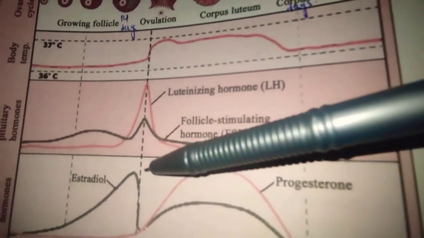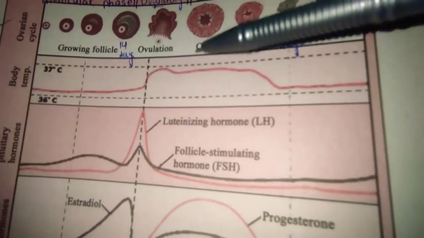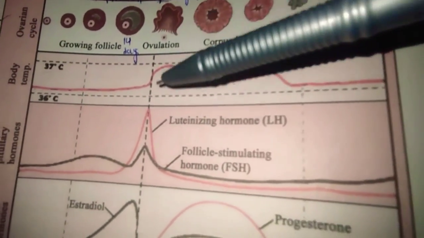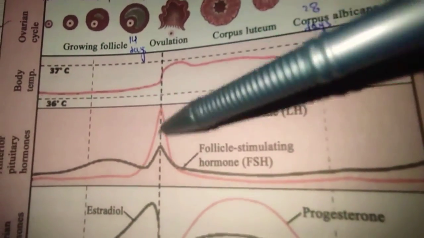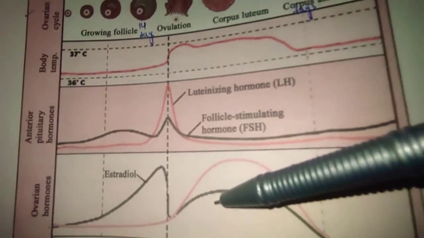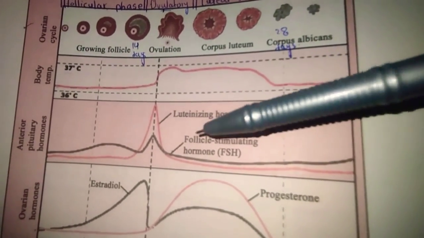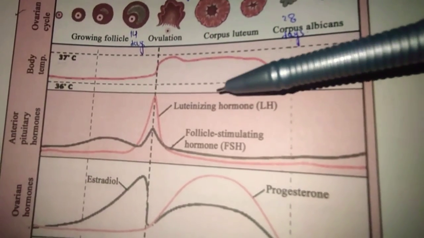And you can see estrogen is the dominant hormone in the follicular phase, progesterone in the luteal phase, and in the ovulatory phase there is the LH surge, and the estrogen level also rises and decreases sharply here. You should keep this picture in your mind while describing the menstrual cycle, especially the ovarian cycle.